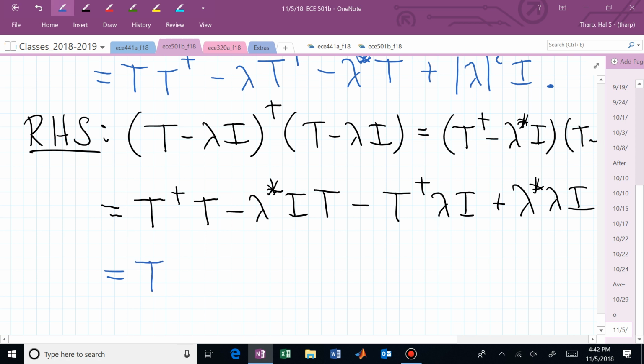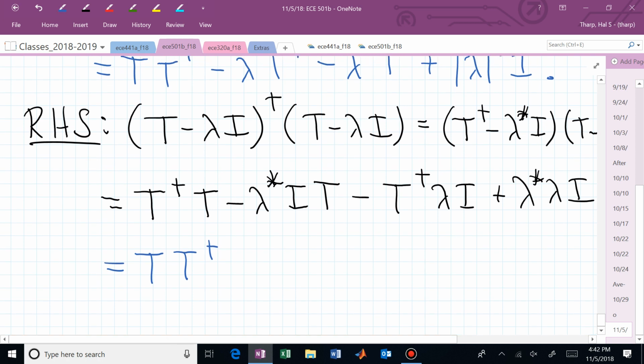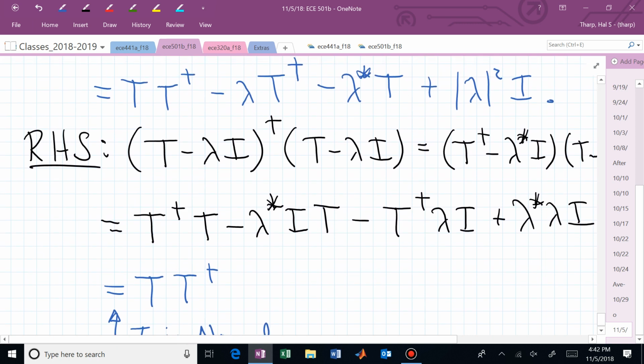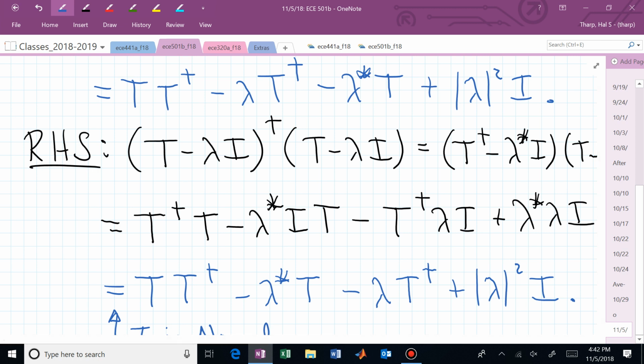So now I know that t dagger t is the same as t t dagger. And here I simply used that t is normal. And then I have a minus lambda star t, I have a minus lambda t dagger plus lambda magnitude squared I. And hopefully you can see that we do have all four terms in both final expressions for the left-hand side and the right-hand side.